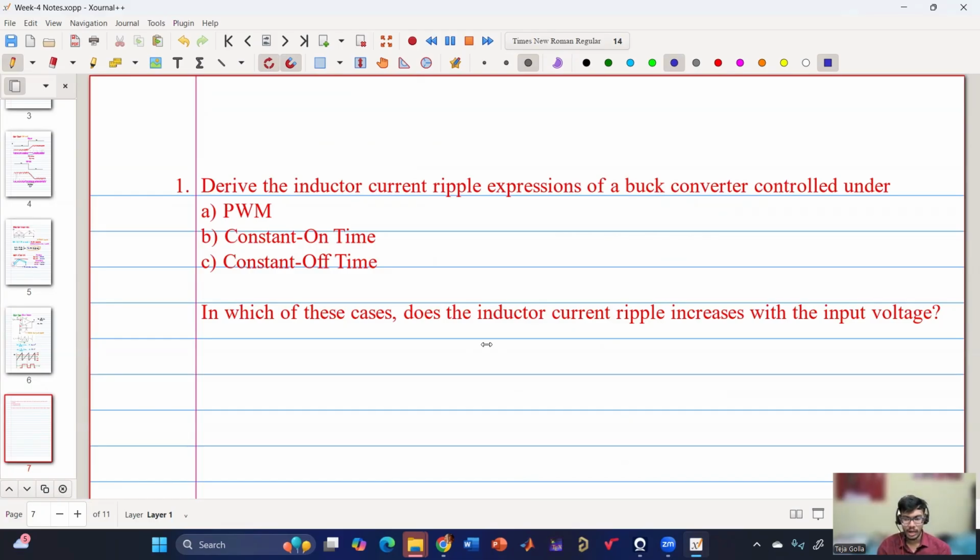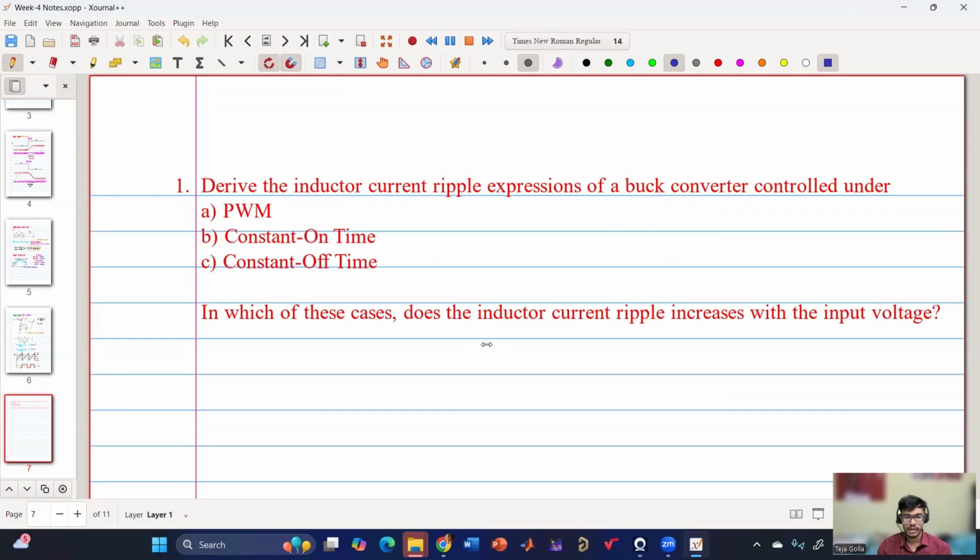Here I am asking to derive the inductor current ripple expression of a buck converter when it is controlled under pulse width modulation, constant on time as well as constant off time. In which of these cases does the inductor current ripple increase with the input voltage?